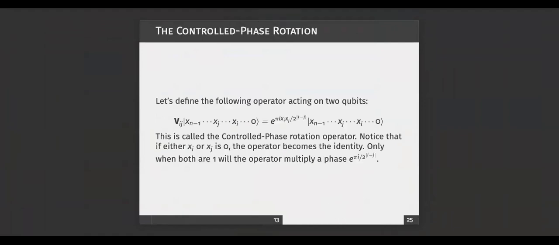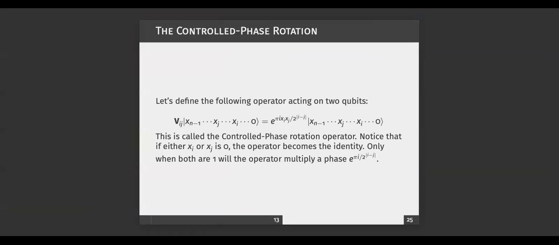Now let's define the Pauli operator applying on 2 qubits. Suppose we have an operator V with a subscript of ij, applied to a state vector which is composed of individual qubits indexed as x_{n-1}, ..., x_j, x_i, up to x_0.